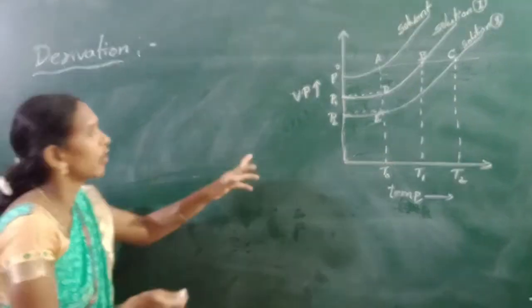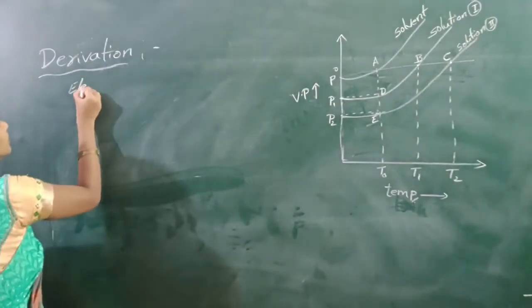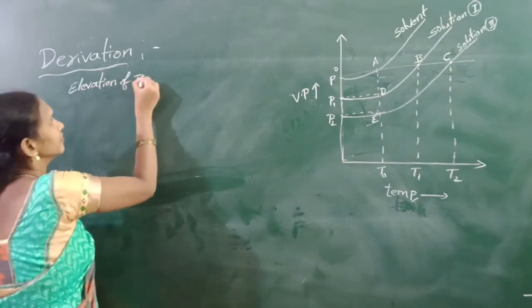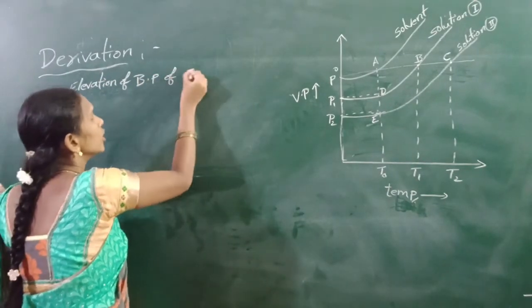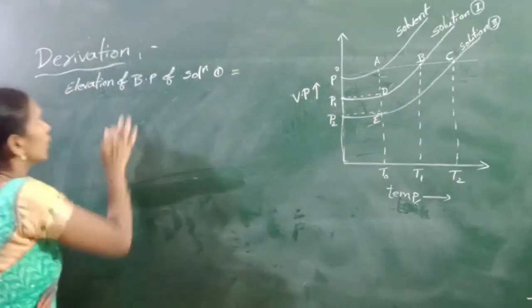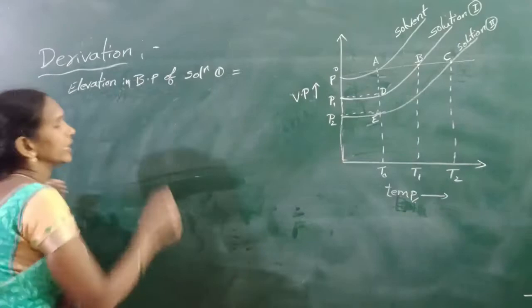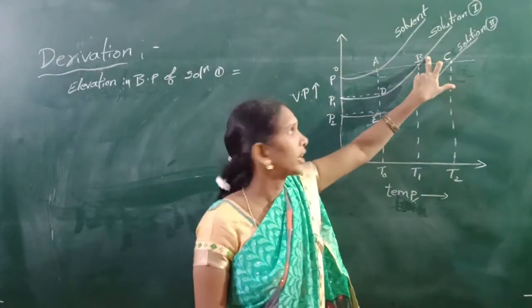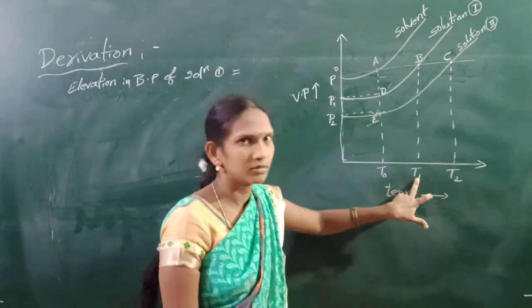The elevation of boiling point in solution 1: solution 1 is this curve.